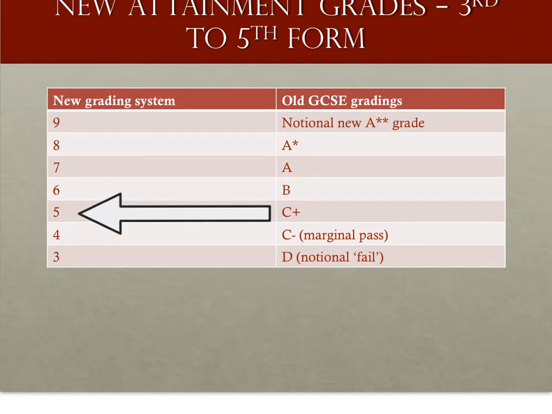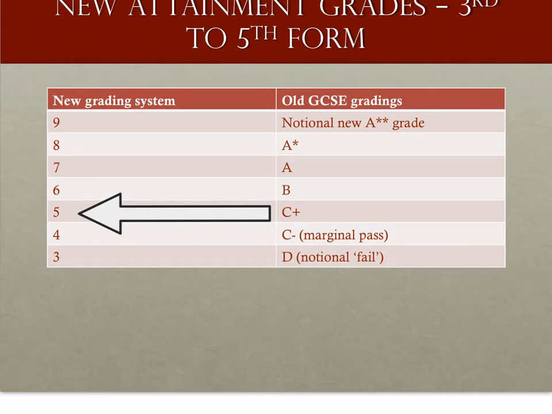There is, however, a degree of confusion in the government's statements at the moment regarding the relation of 5 and 4 grades, so I'll talk you through that briefly. The government states that a 5 grade is a higher pass, that being the equivalent of a C+ in the old system.